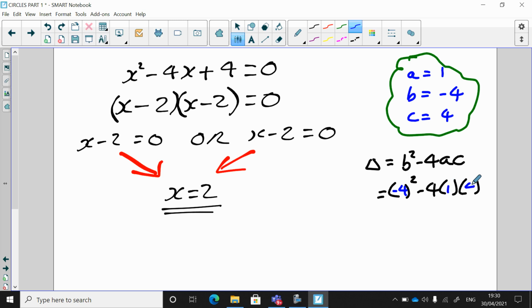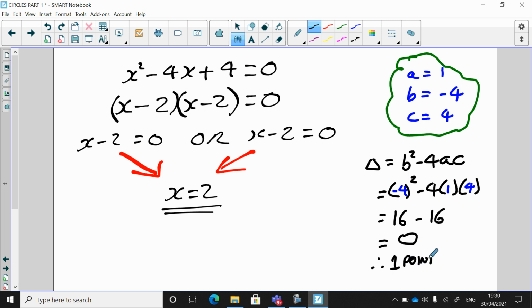So if we put the numbers in, negative 4 squared gives us 16, and 4 times a times c, that's 16 as well, so 16 take away 16 is 0.